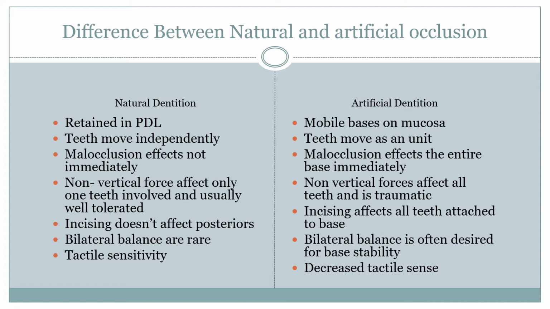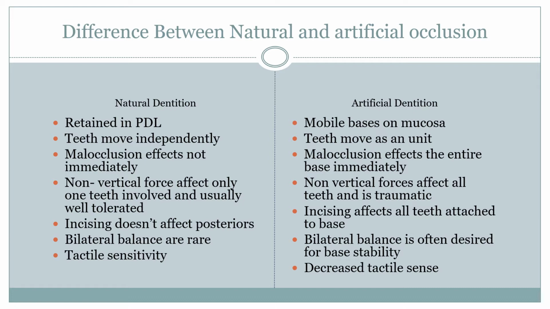If there are any forces from the lingual or the buccal or from the mesiodistal areas, these forces can be tolerated well by that particular single tooth. Whereas in an artificial dentition, if your complete denture or your removable partial denture is subject to a lot of forces, either vertical forces or buccolingual forces, what happens is there is commonly dislodgement of the denture from the mucosa.